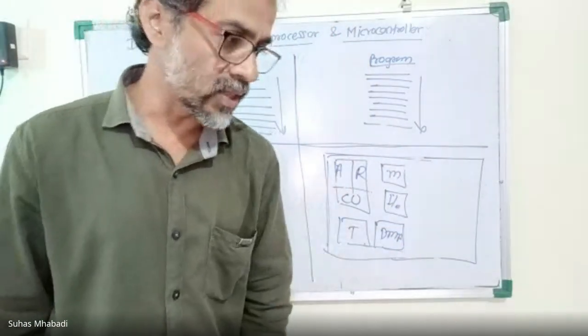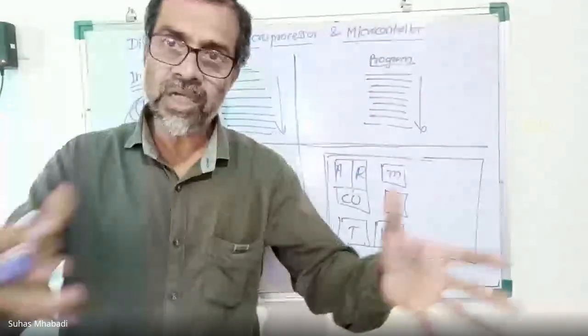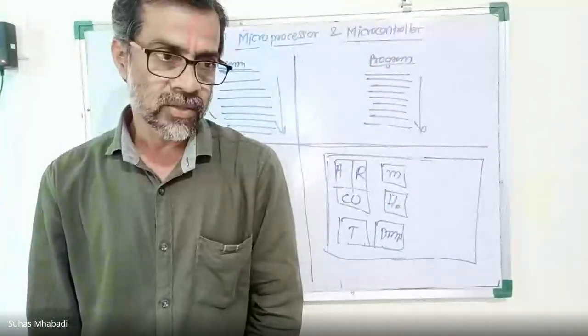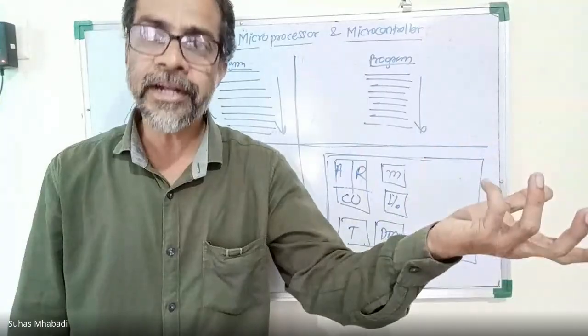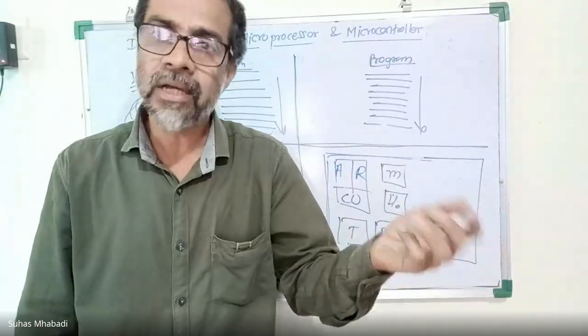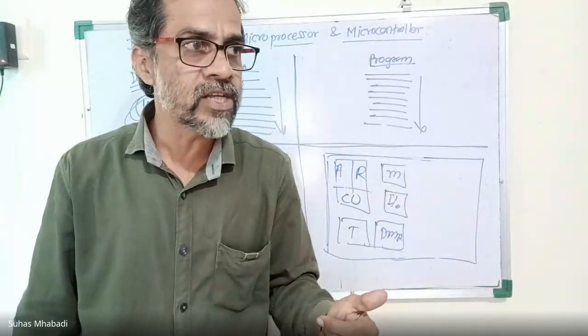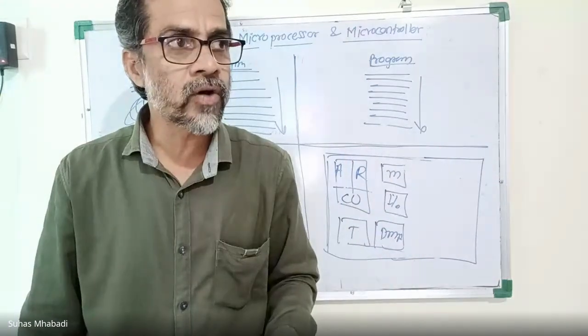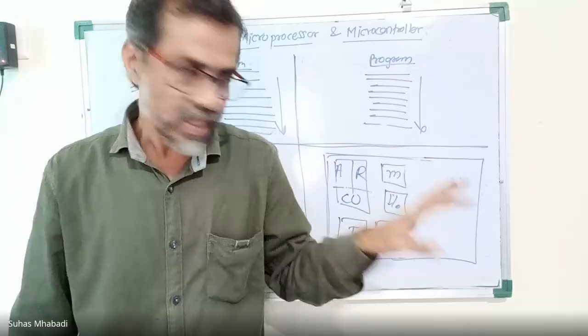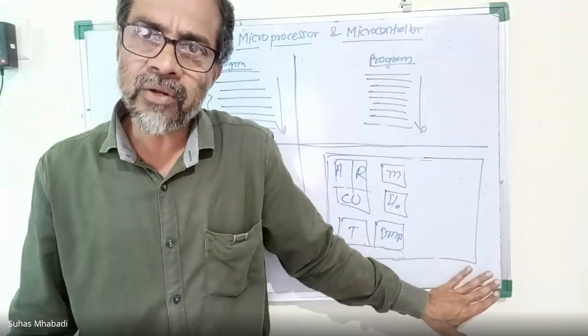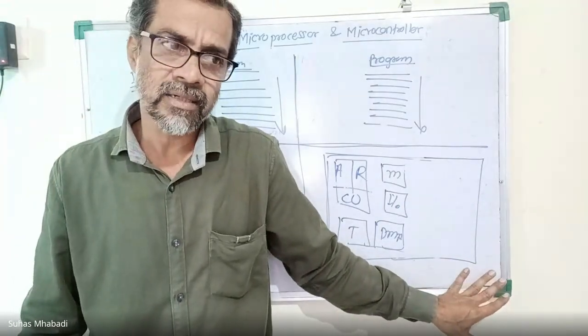Here in the microcontroller, if you want to achieve the same task, probably all the instructions must be there because we have to go for addition, ADD, we have to go for multiplication, MUL, we have to go for division, DIV, we have to go for logical OR operation, OR. Such kinds of operations, this device must be capable of carrying out.